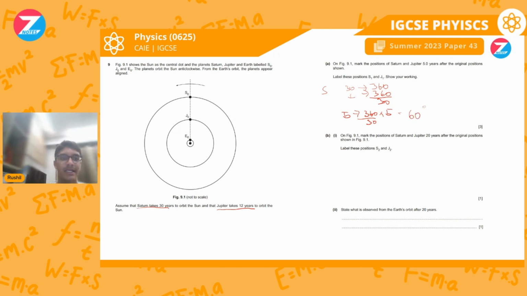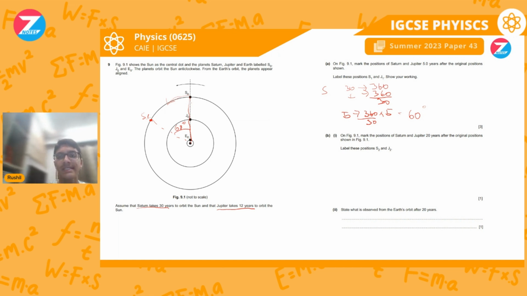Right now I don't have one, but during your exam you have to take out a protractor, taking this as the zero line. From here measure a 60-degree angle, which should be around here, and this is where we mark the position of S1, Saturn. This angle should be 60 degrees.